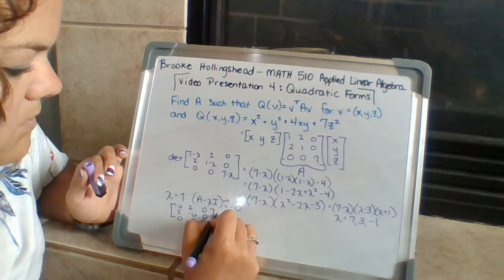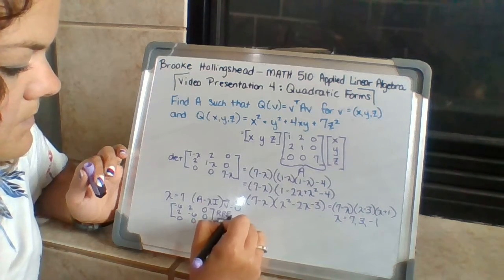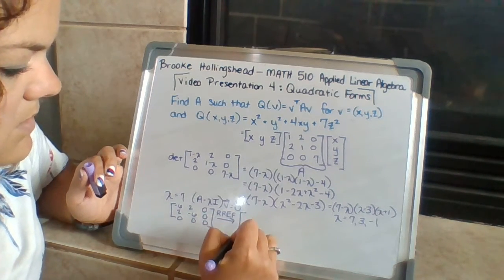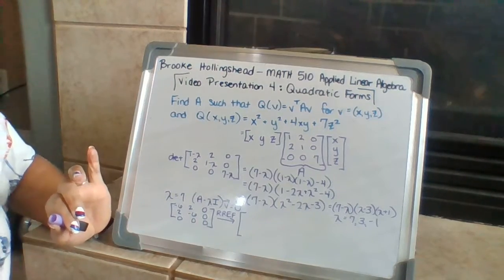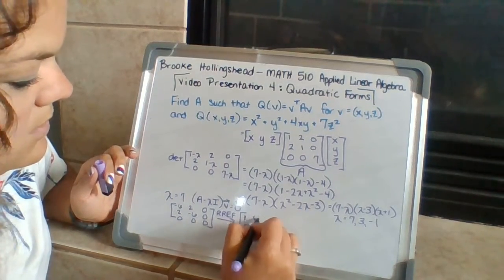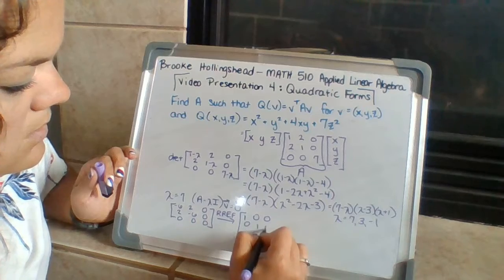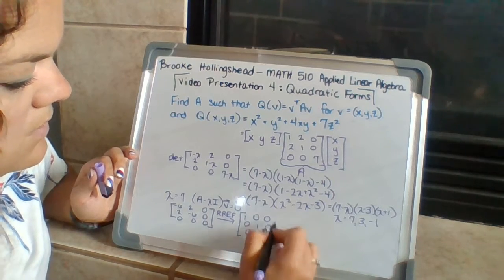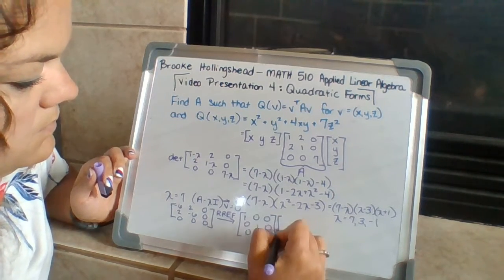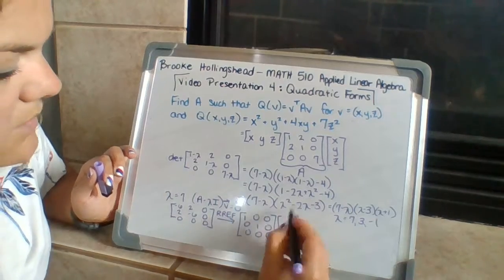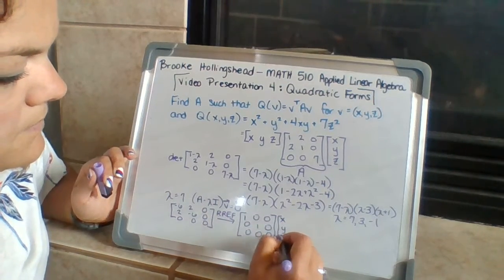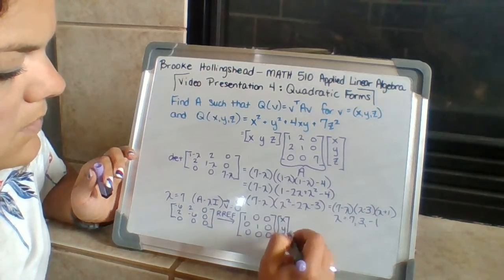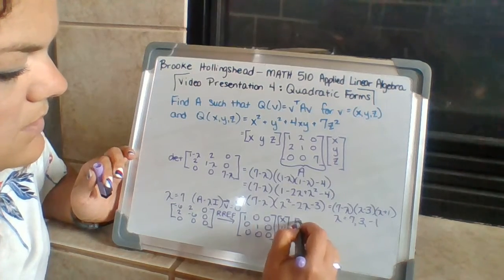Then we put this in reduced row echelon form, multiplied by the vector v equals the 0 vector.